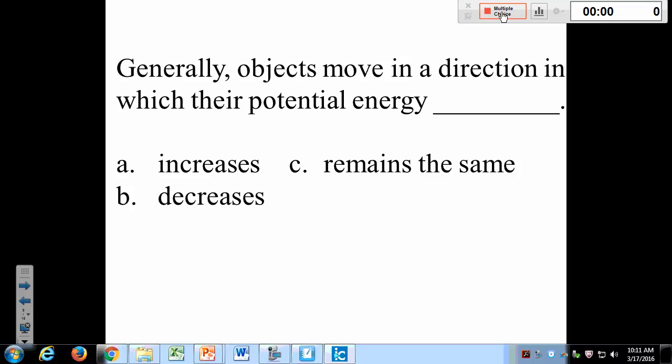Bless you. And generally, objects move in a direction in which their potential energy does what? Does their potential energy increase, decrease, or remain the same? Just in general for objects in motion, they will tend to move so their potential energy increases, decreases, or remains the same.